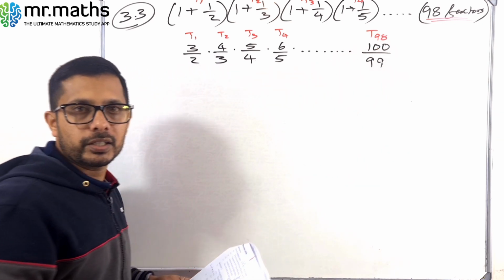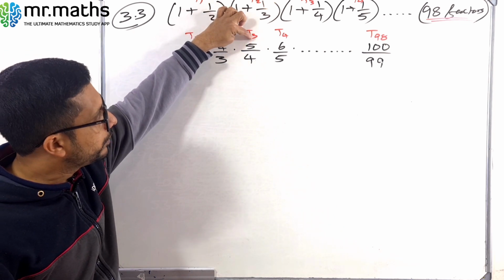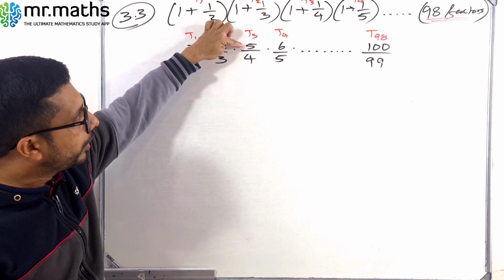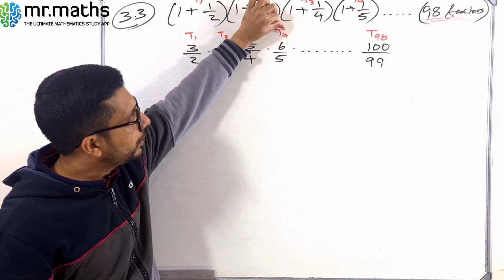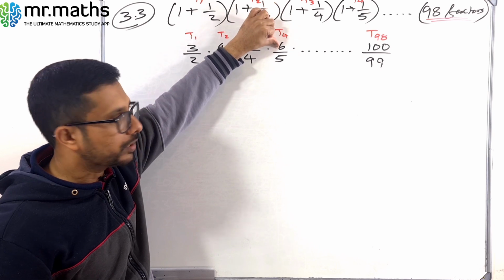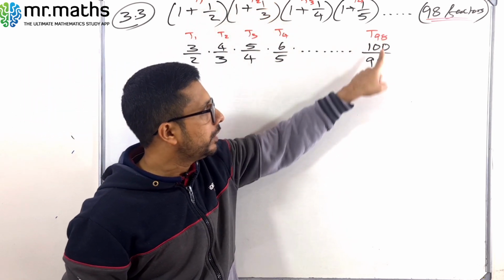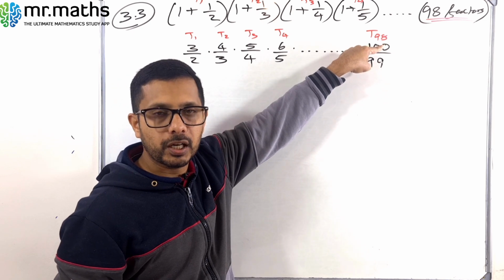Try to understand the pattern. The third term is 4 by 5, the fourth term 5 by 6, 1 more than this. So 1 more than 98 is 99, and 1 more than this 99, its numerator is 100.